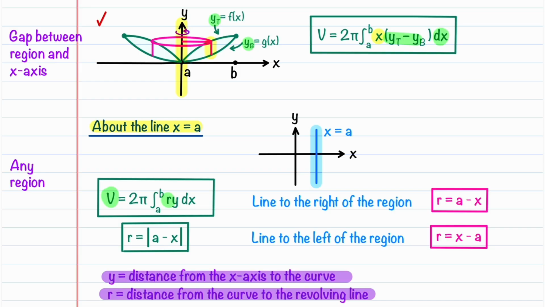If the line that you're rotating about lies to the right of the region, the radius is a minus x, and if it lies to the left of the region, the radius is x minus a. You don't need to memorize those formulas if you just draw a diagram for each problem that you're solving and remember these definitions for y and r.